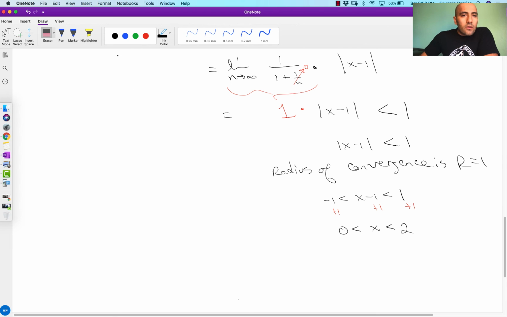Okay, but now we've got to check the endpoints, right? So we've got to figure out what happens here. Check the endpoints. Right?